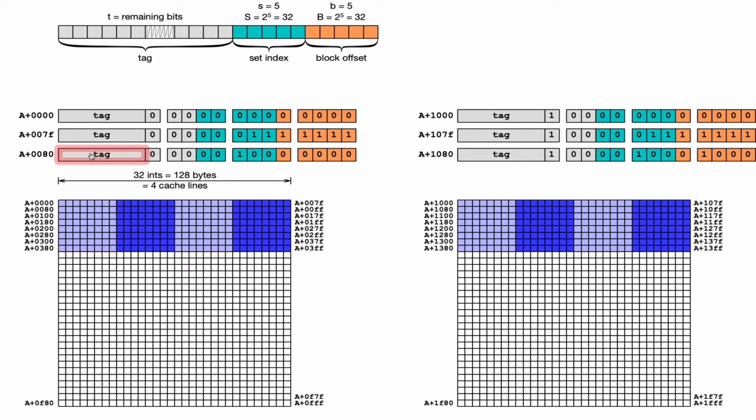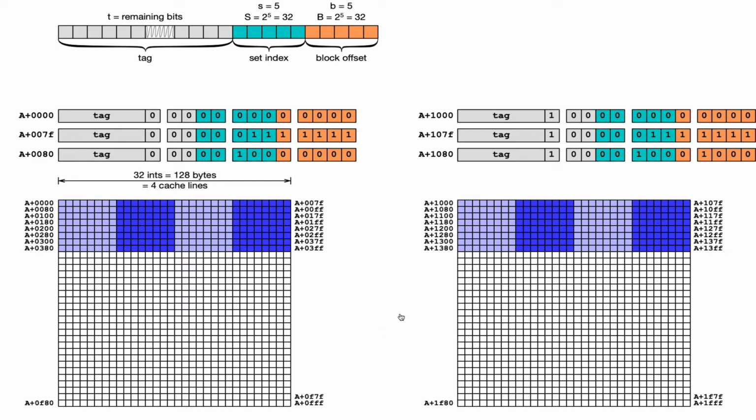We can see here that it's going to be at A plus 080. Here's a 0, here's an 8, here's a 0. So as you wouldn't be surprised to learn, the place where that thing is going to show up is in the very next set of the cache, set 4 instead of set 3, where those 8 values would be loaded into the cache upon access.